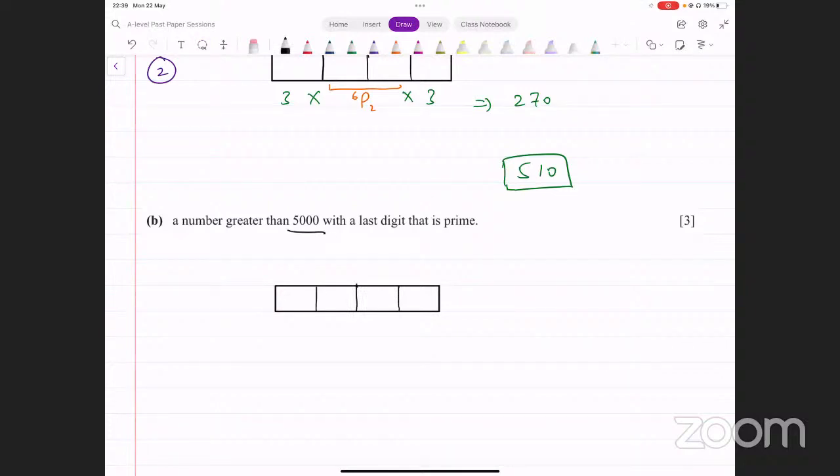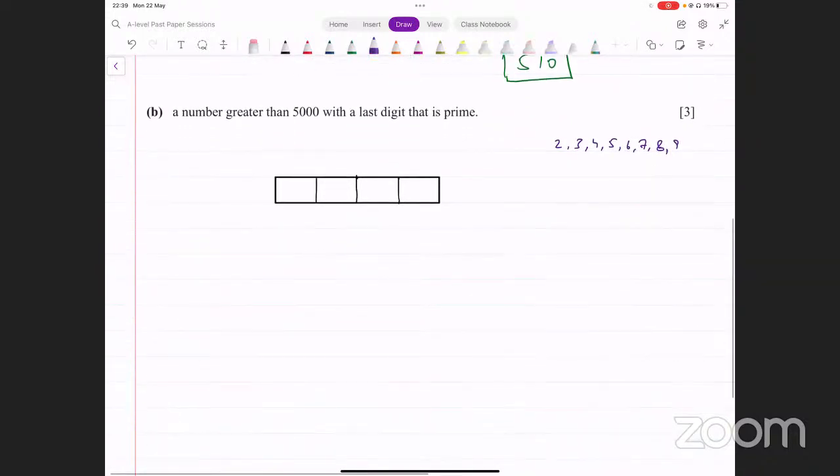We still want a number that is greater than 5,000. Remember the numbers that we have: 2, 3, 4, 5, 6, 7, 8, 9. Again, how many options do we have for the first box? We could have 5, 6, 7, 8, 9.